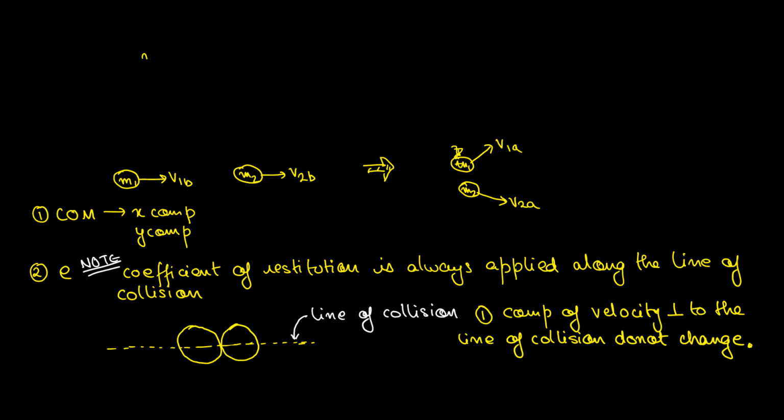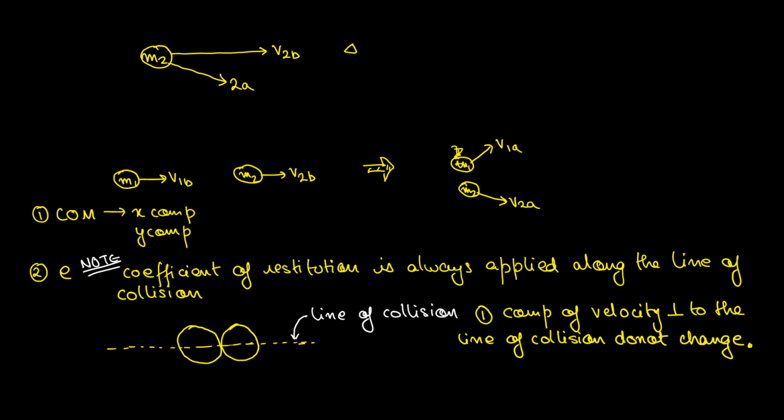The velocity after collision was in this line, and the velocity before collision was along this line, velocity 2b, or before collision. Now my question is, what is the direction of change of velocity, or what is final velocity minus initial velocity?